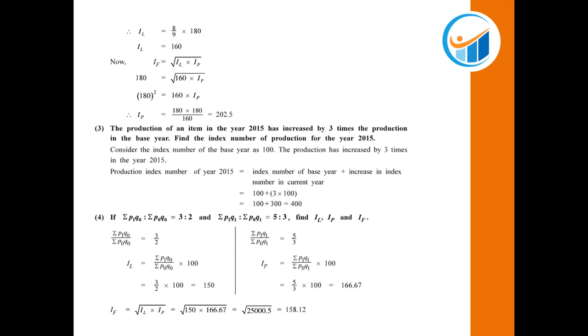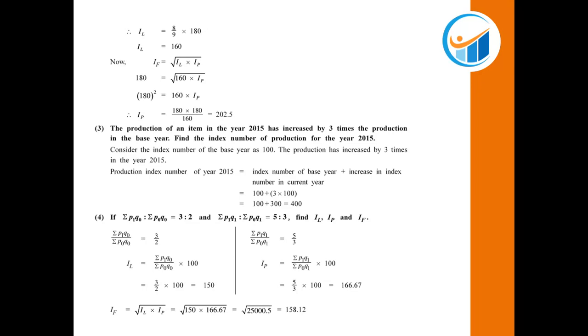Now Paasche's index number. You can easily calculate it by the ratio sigma P1 Q1 upon sigma P0 Q1, into 100.